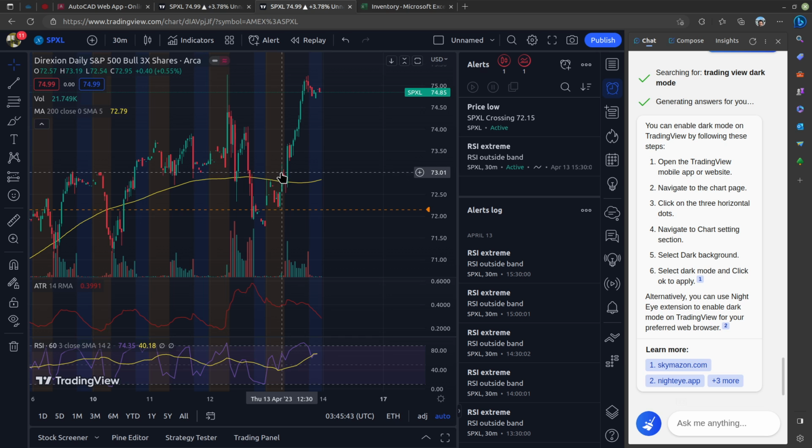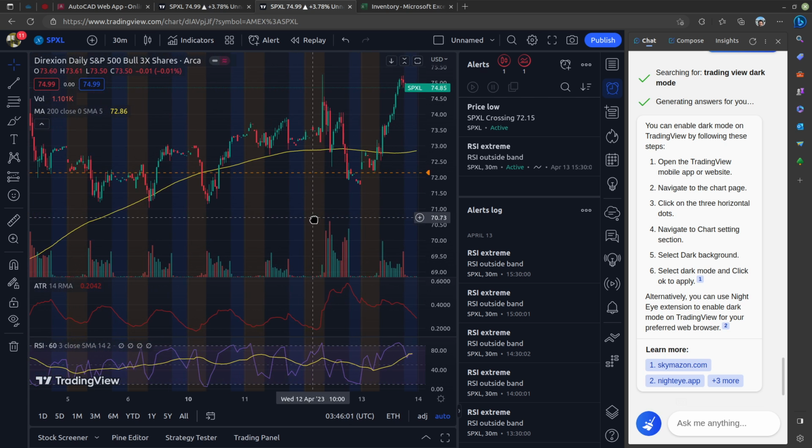But if I had kept it more, I would have made 2 or 3%. But I decided to be safe and just sell it. Can't get too greedy, and you can't just fall asleep and let it run on its own. Right, so that's it.